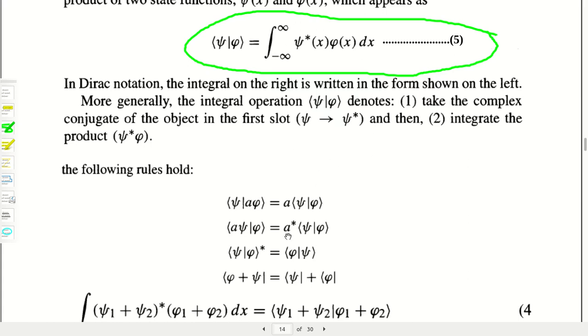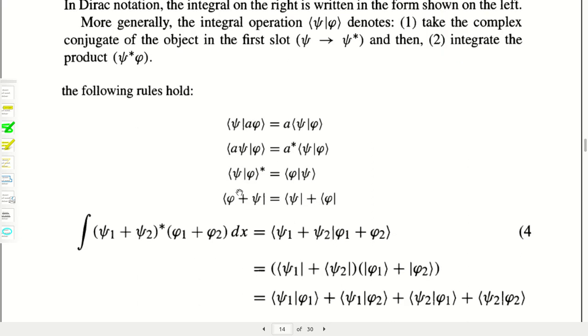Again the integration is Bra psi Ket phi, but the multiplication factor is not a, it is a star. So remember like this: if a scalar is multiplied in the Bra, it will come out of the Bra because it has nothing to do with the integration, but in complex conjugate form, that is a star, and this relation is very much important.